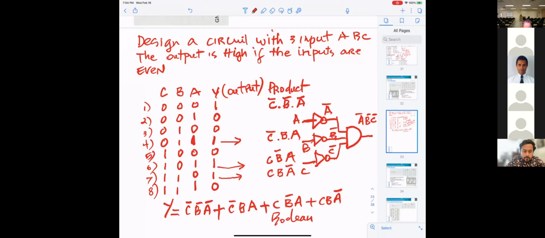Boolean algebra will help you simplify this equation to a small number of gates. At the meeting next week, we will go to that. However, Boolean is very old.